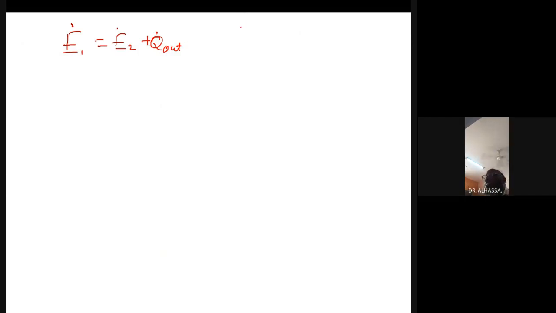But in our question, the Q out is given as a specific quantity. Q out in specific quantity can be expressed as Q out divided by mass flow rate.